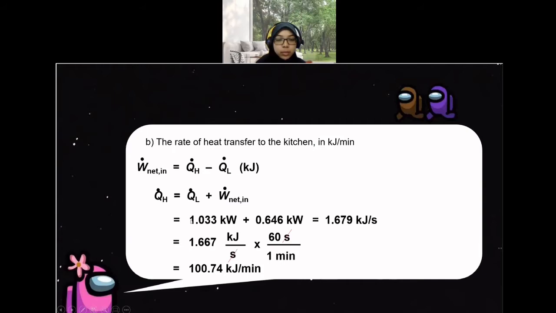And so we insert the value 1.033 kilowatt plus 0.646 kilowatt equal to 1.679 kilojoule per second, and then we need to change the units. 1.679 kilojoule per second times 60 second over 1 minute, so we can eliminate the second. So we got the value Q dot H 100.74 kilojoule per minute. That's all for me.